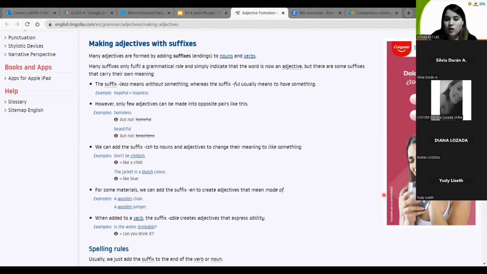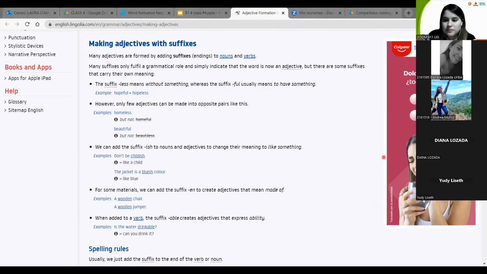Muñoz Salazar Andrea Juliana. Here, teacher. Okay, very good. Pérez Ardila Natalie Joana. Oh, she's trying to join the session. Okay.